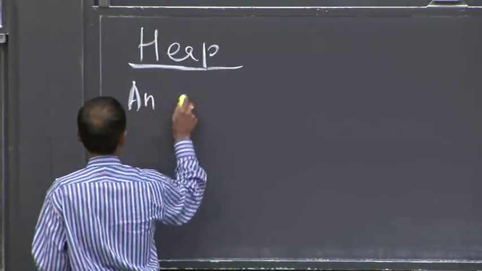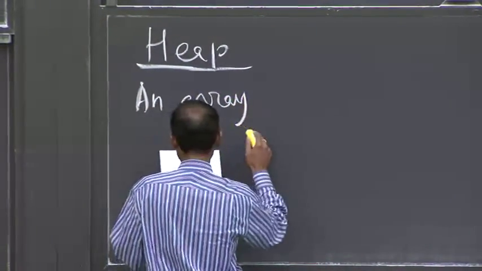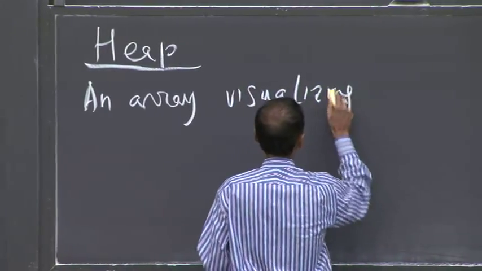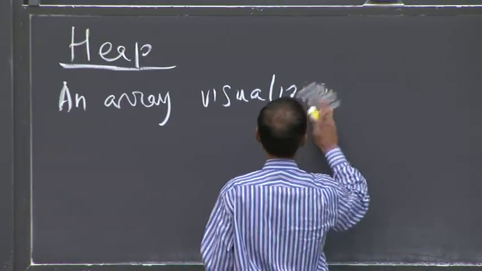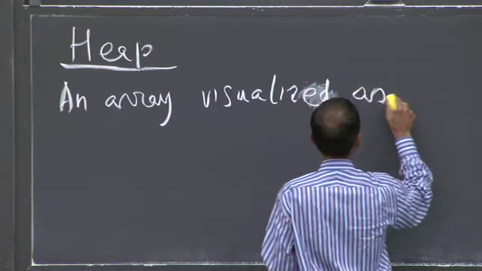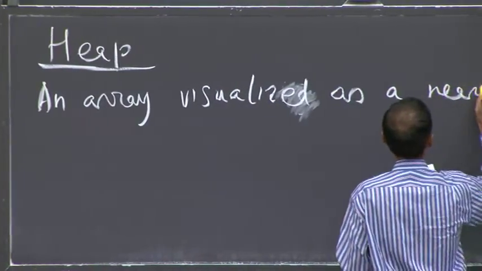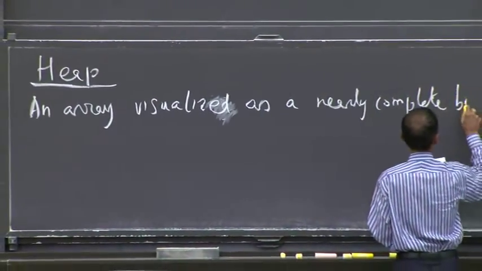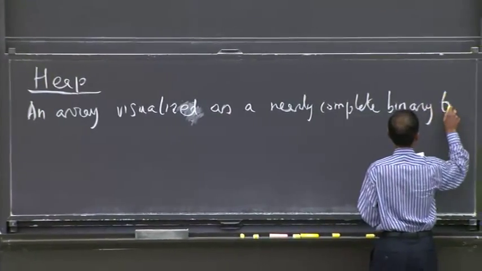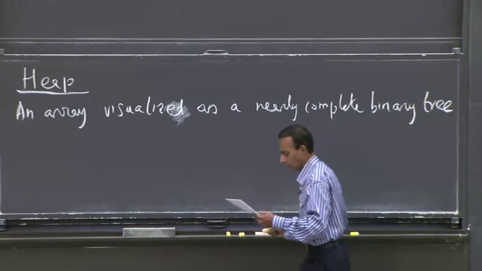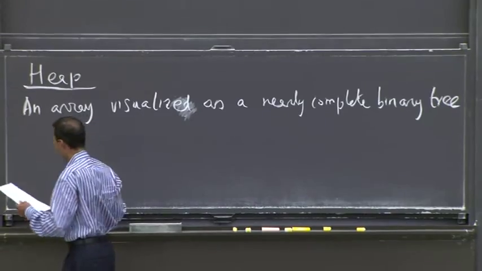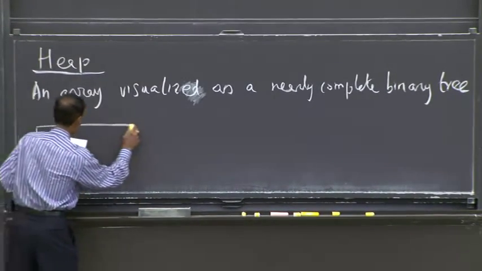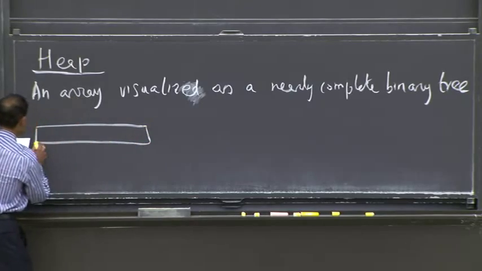It's amazingly an array structure, except that you're visualizing this array as a nearly complete binary tree. And so what does that mean exactly? Well, the best way to understand that is by looking at an example.